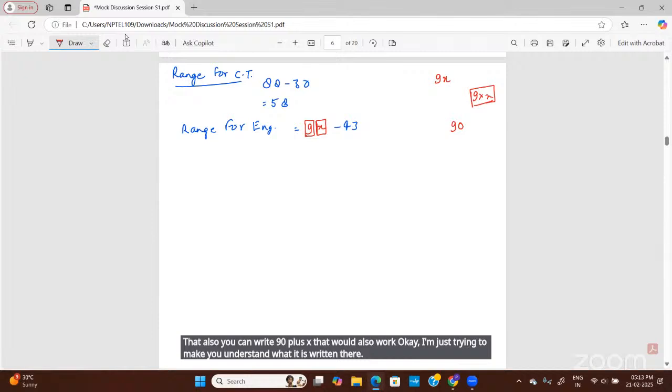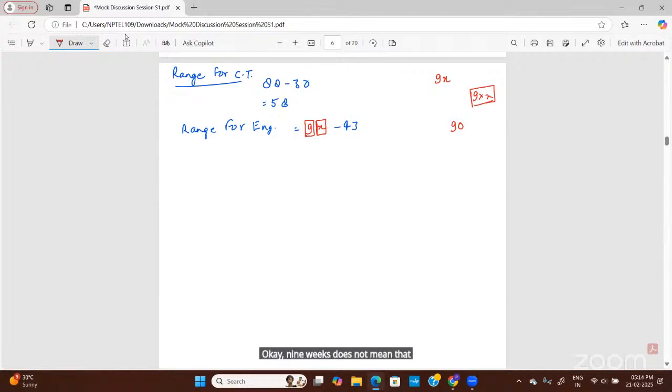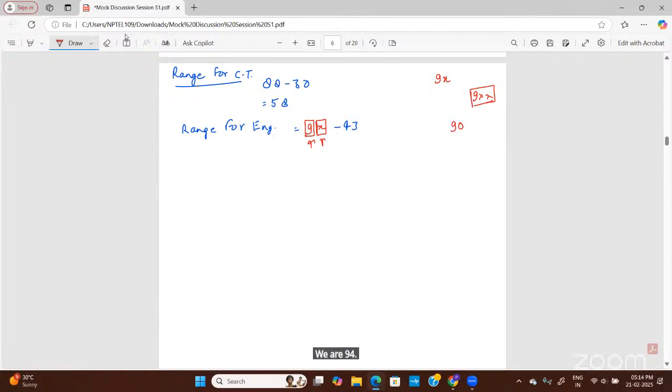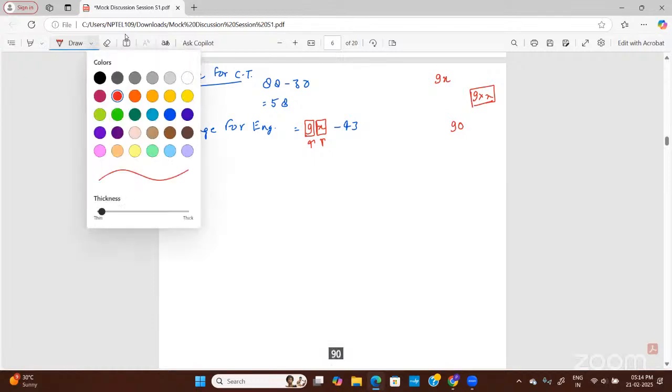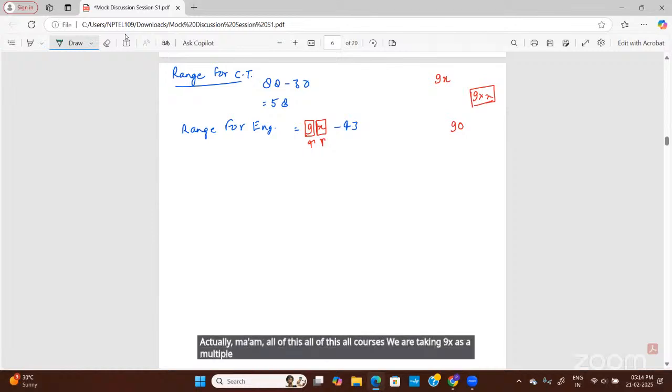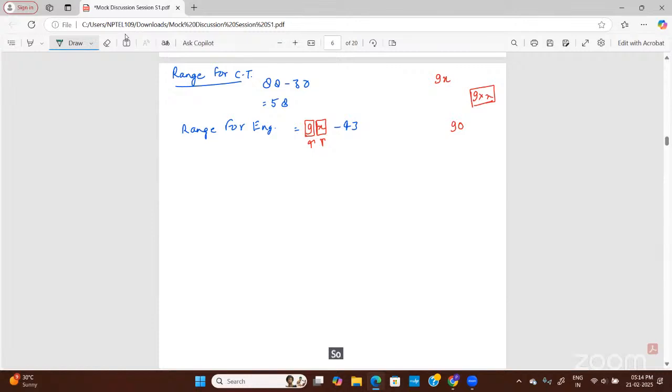9x does not mean 9 into x. It is like ones place and tens place, like 94. So this is 9x, not 9 into x. In all of our courses we take 9x as a multiplication between 9 and x, so that's why it is becoming a bit confusing.